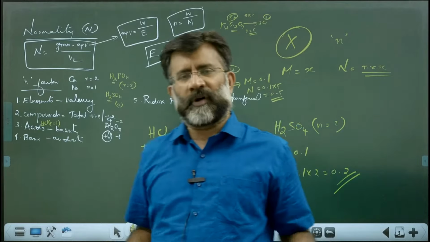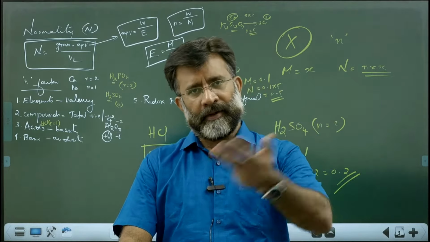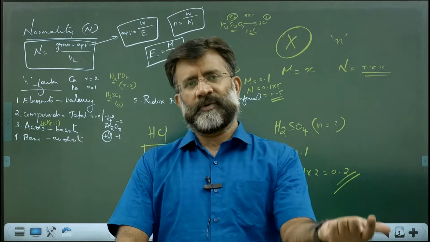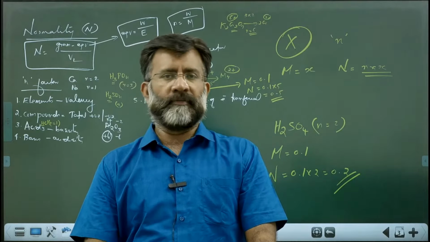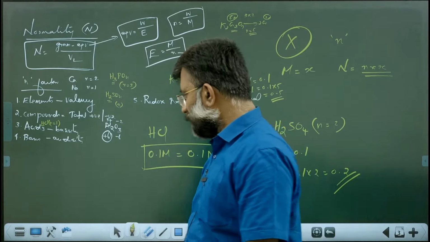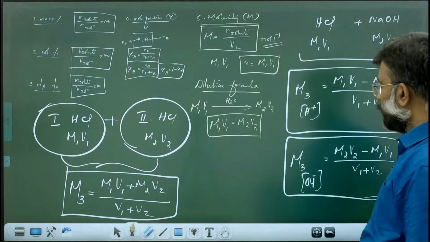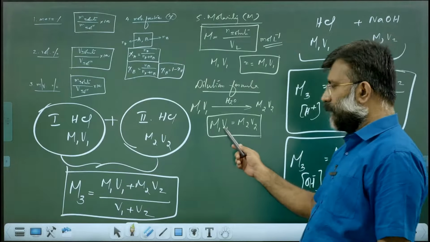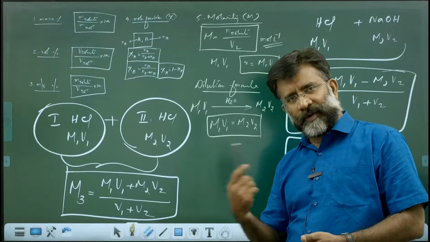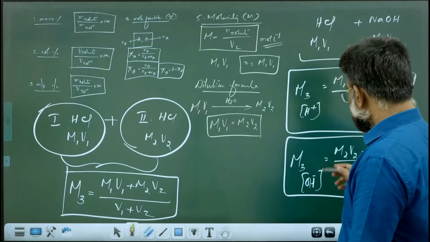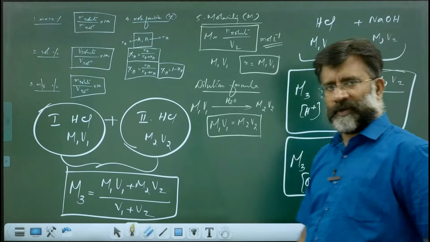Now, all formulae that we were applying in molarity, dilution formula, mixing two acids, acid-base neutralization formula, you can apply the same way we were doing in molarity. What I mean is, various formulae we applied for molarity. Dilution formula, M1V1 equal to M2V2. You can apply N1V1 equal to N2V2. M3 equal to (M2V2 minus M1V1) by (V1 plus V2).